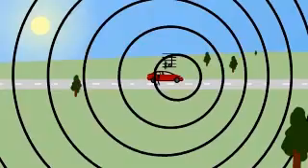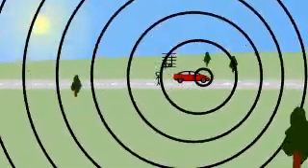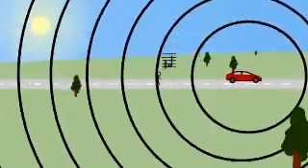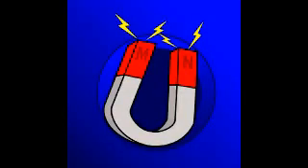So if the bat's prey is moving towards the bat, and the wave coming back has a high frequency, it will tell them, hey, the prey is coming towards me. Or if the prey is moving away and the wave coming back towards the bat has a low frequency, then it will tell the bat, hey, the prey is getting away from me.